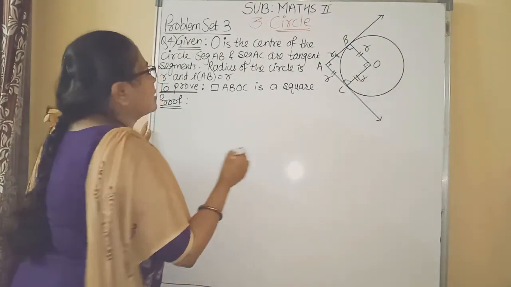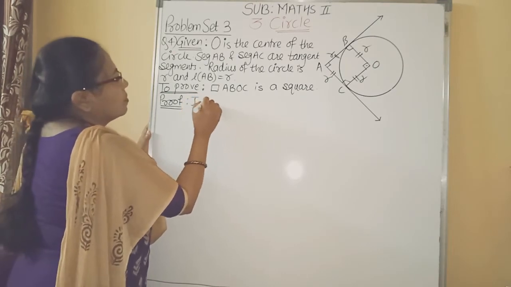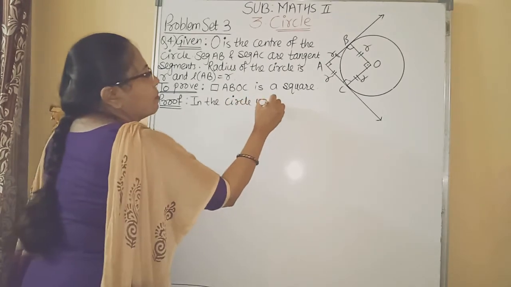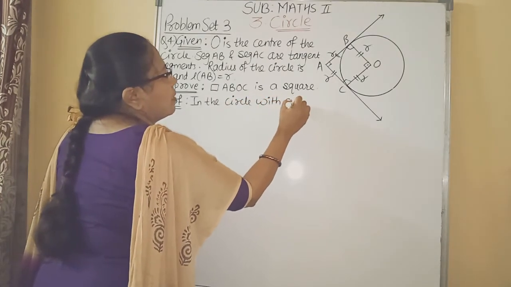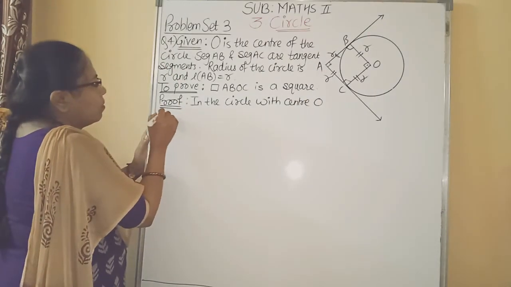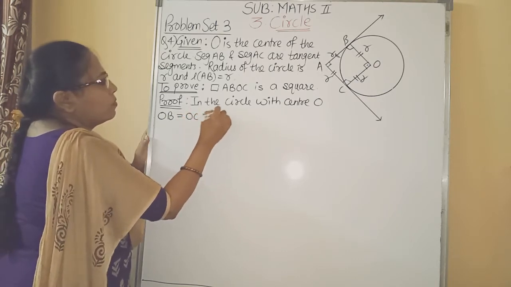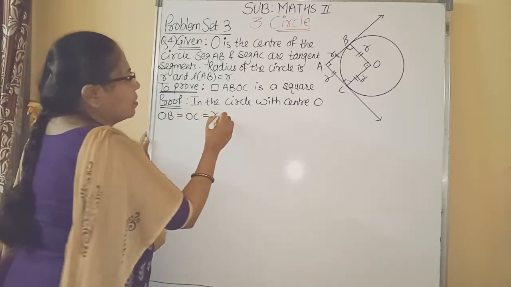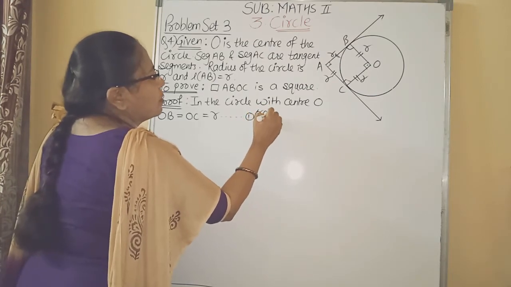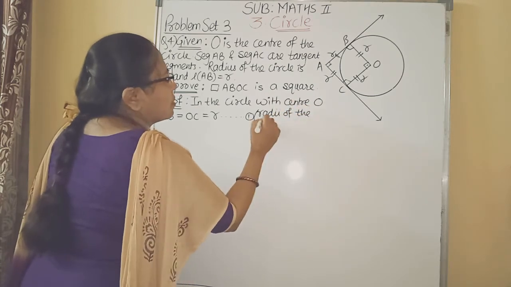In the circle with center O, OB equal to OC equal to R. Give your statement number 1 and reason: radii of the same circle.